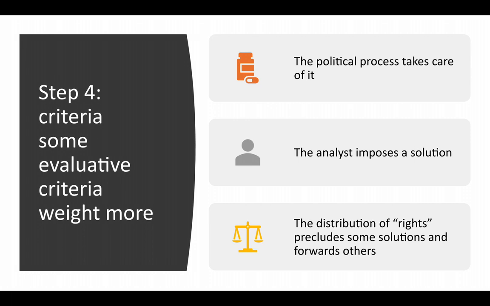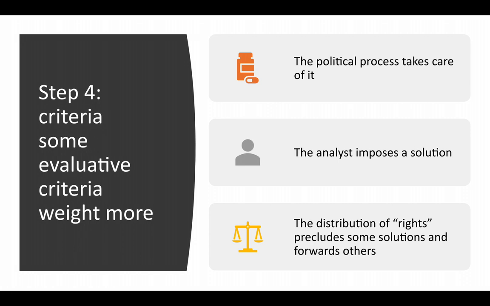How does this happen, right? If it's in a democracy, generally speaking, the political process takes care of it. You have your representatives, you elect the politicians, then through the debate, deliberation, voting system, you decide which criteria the government should prioritize. So sometimes that is taken care of by the political process.